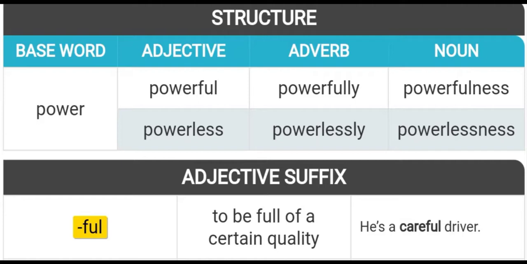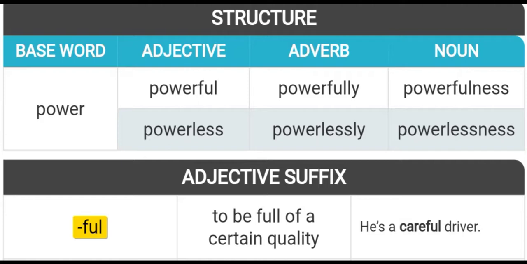Clear? Similarly, adjective suffixes. If we add full to any base word, it gives us the sense of being full of a certain quality.